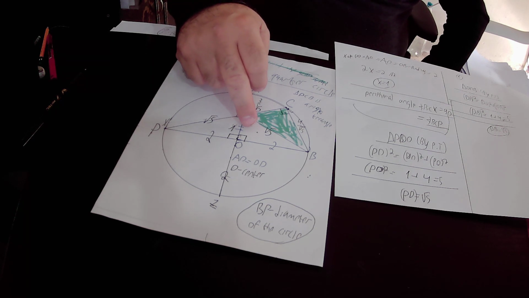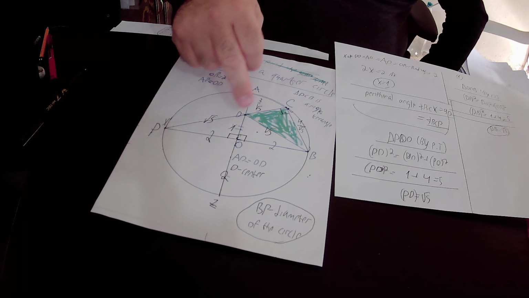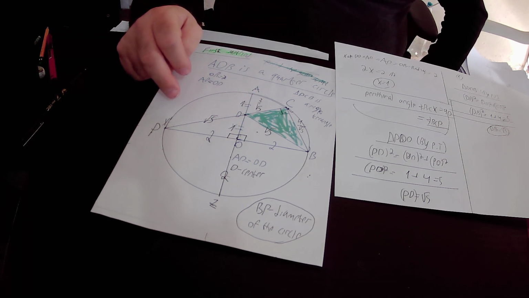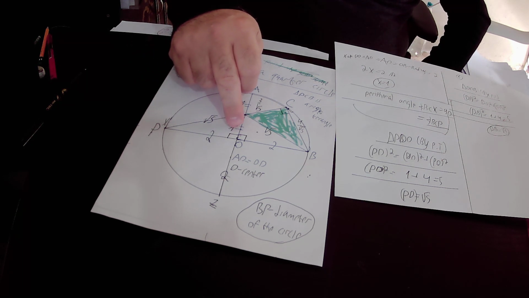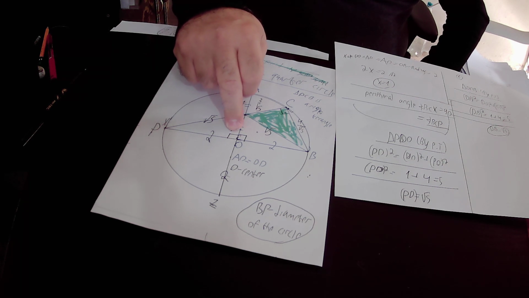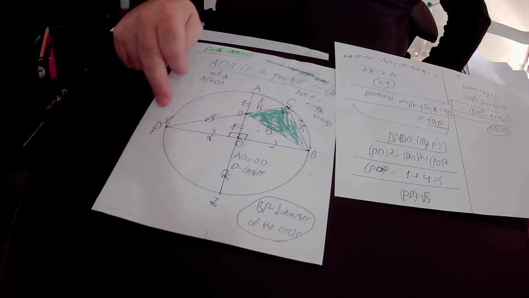So here we have 90 degrees plus the size of this angle, that is angle AOP, and they must be equal to 180 degrees. So if we subtract 90 degrees from this equation, we get that the missing angle must be equal to 90 degrees. So this angle equals 90 degrees, therefore triangle DOP is a right triangle.